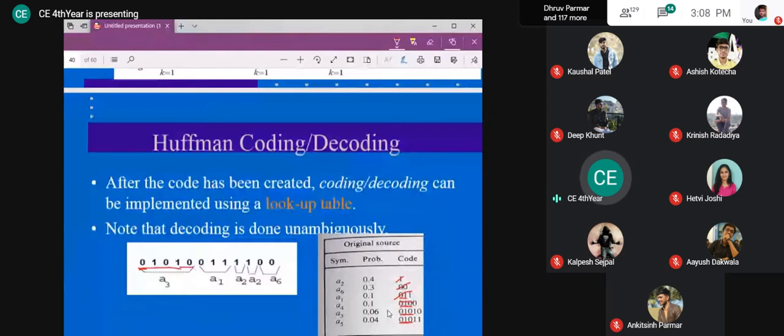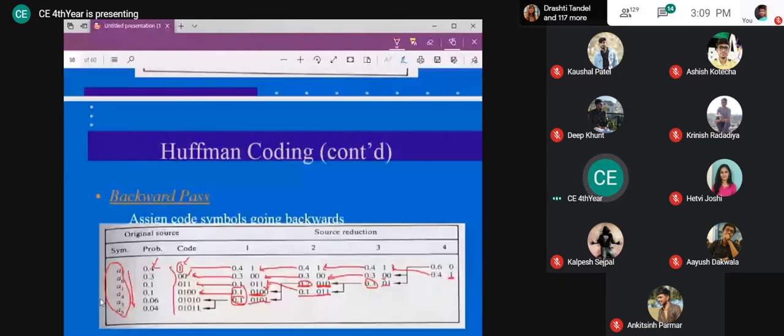That's why this type of tree is created at your receiver, or otherwise you have to transmit this table along with it. That is the only way that you can get your code back. But generally it is also possible to transmit the probability of occurrence of the symbols, and that is how retrieval is possible.